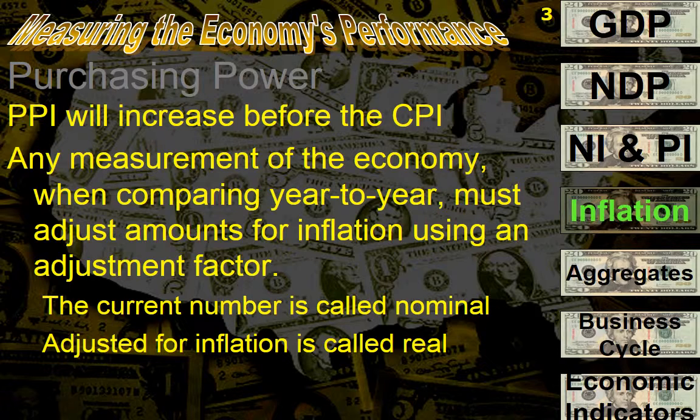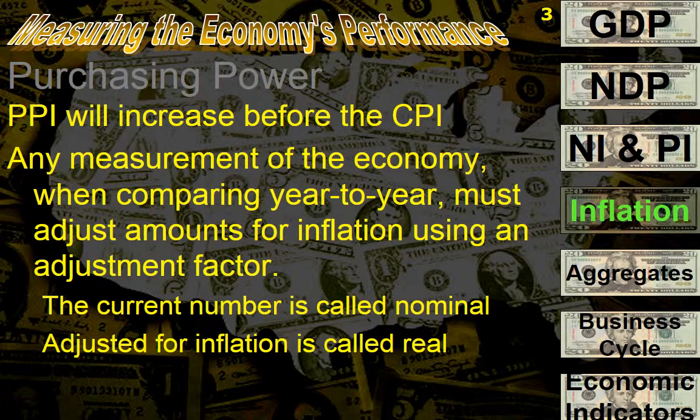But what we need to do is, if we want to compare the productivity of the United States now versus the 1950s, remember the 20 cents a gallon, the 350 cents a gallon doesn't really compare very well. We're still producing a gallon of gas. So what we do is we use the CPI to adjust the numbers so that we can have an equal representation of the goods and services that are being produced, rather than just the dollar amounts.